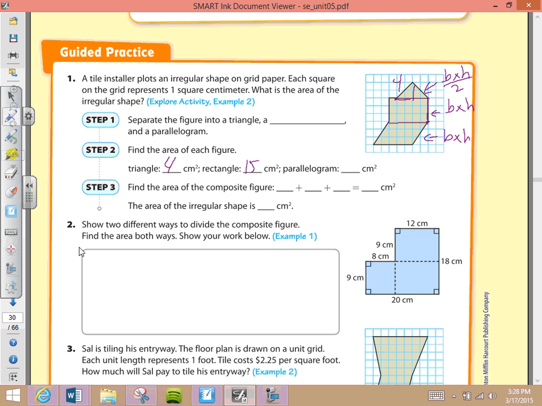Notice that if I take this away and place it over here, I end up with a rectangle, right? And that rectangle is 5 by 3, which is 15. That's why parallelograms work with the base times height formula. That's the only reason, because you can take it away and reshape it.